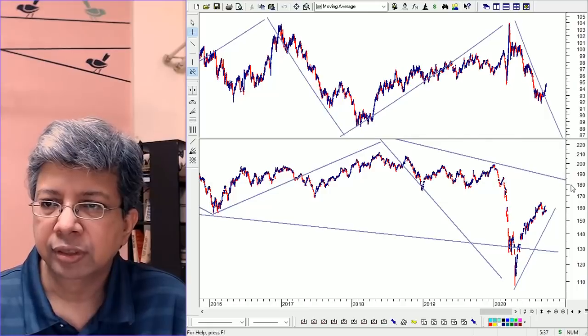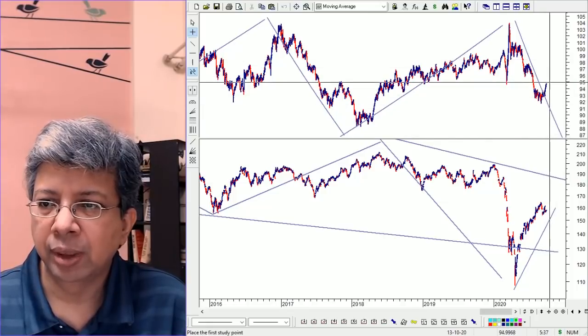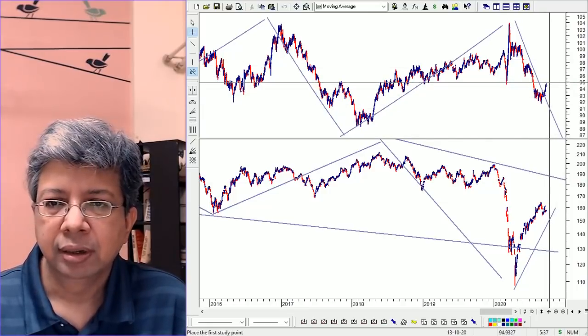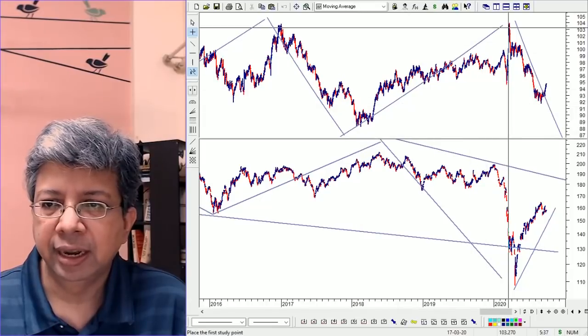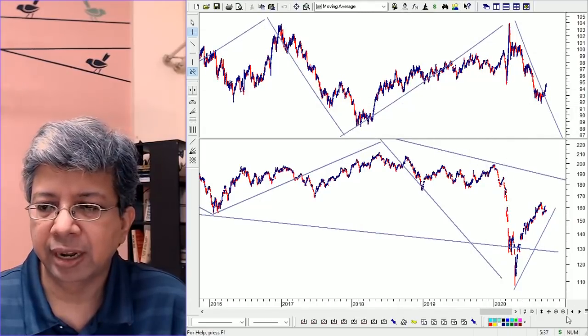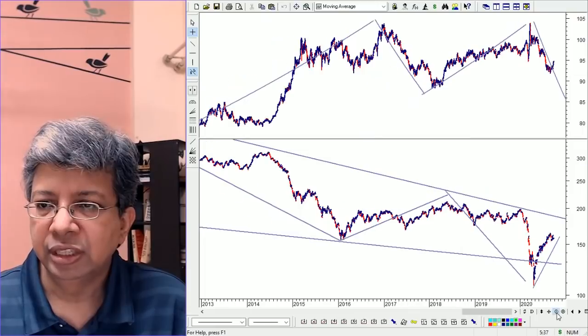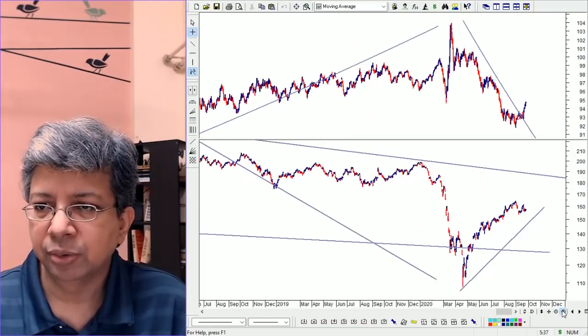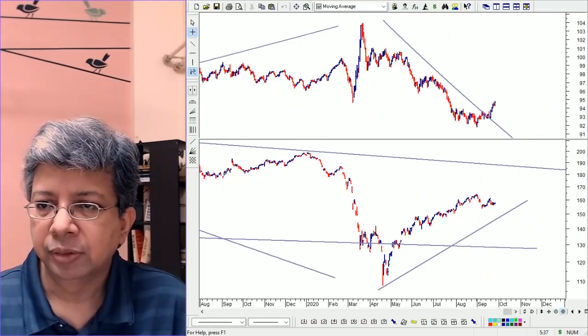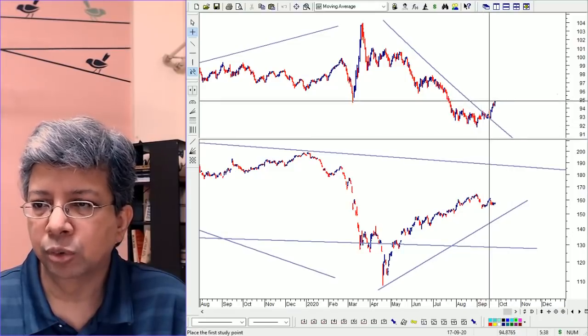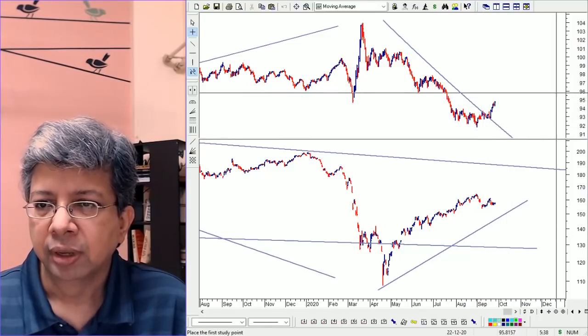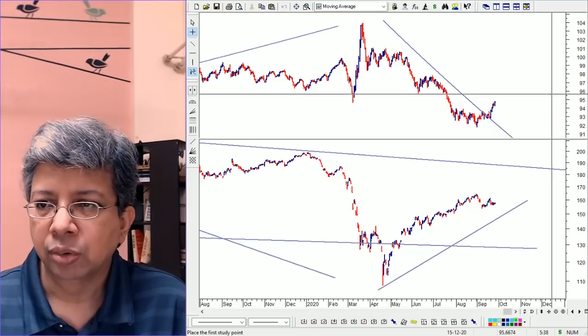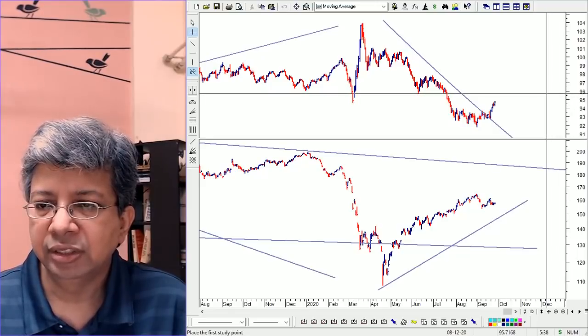In the first wave you don't know how much it's going to retrace, though I'm saying it can be small. We have seen 2018-19 do a significant retracement. So you can't change your view simply because a retracement is going on, and you can't put a tight level. I just can't say if it goes above 95, my view is wrong. No, it can go a lot higher and still not change the overall view.